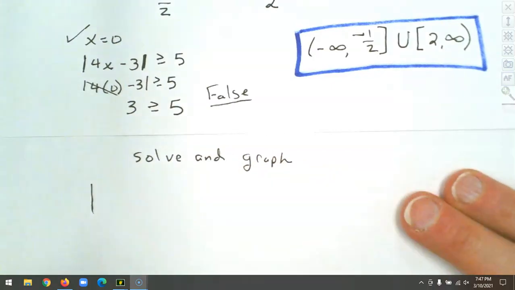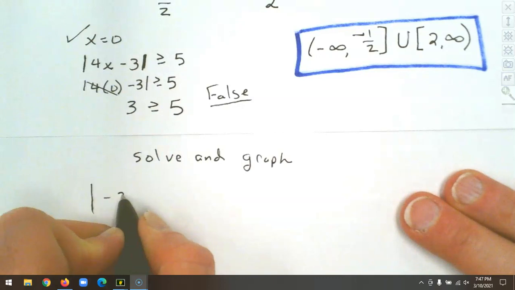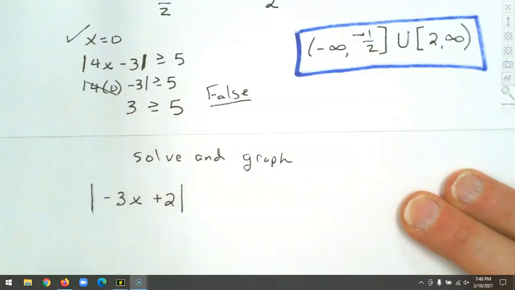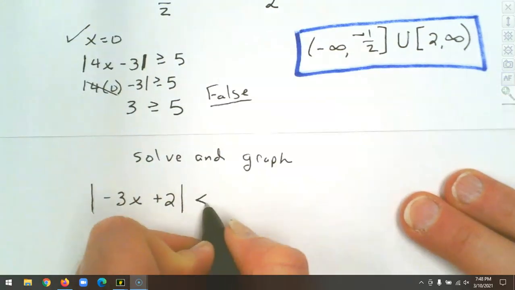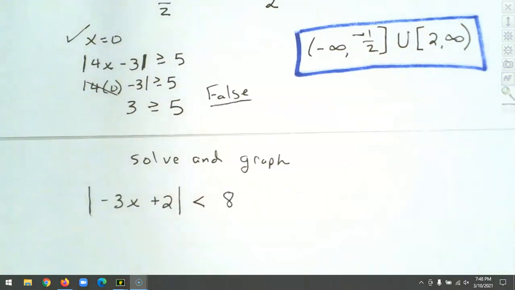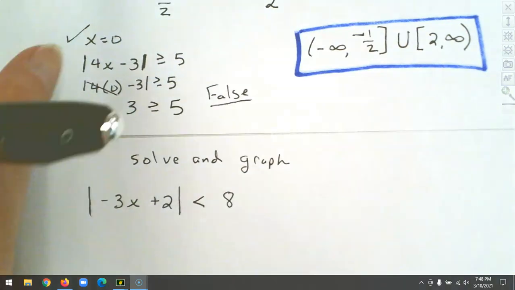Let's work with the absolute value of negative 3x plus 2 inside of our absolute value bars is less than 8. That's what we're going to be working with.